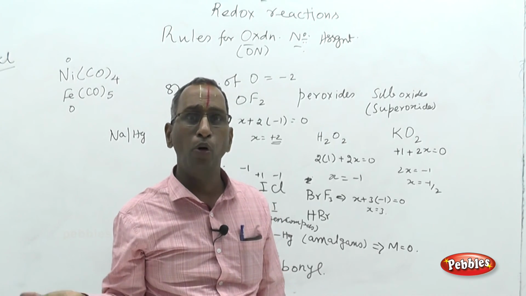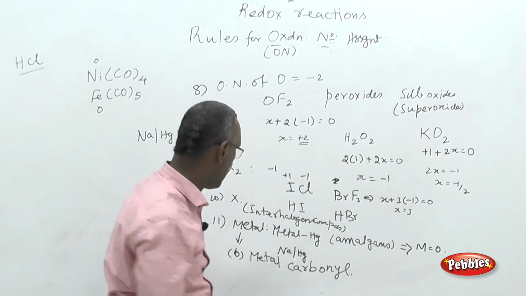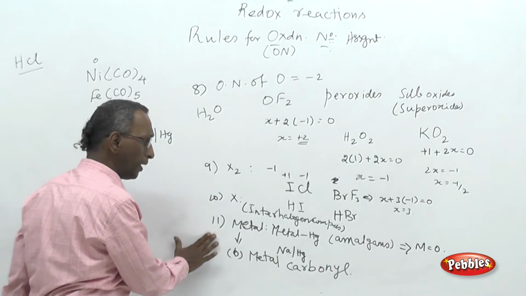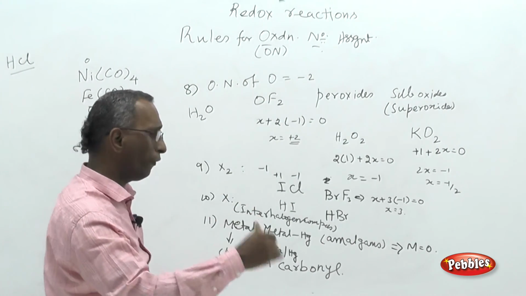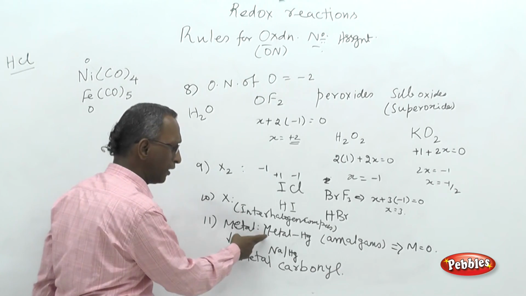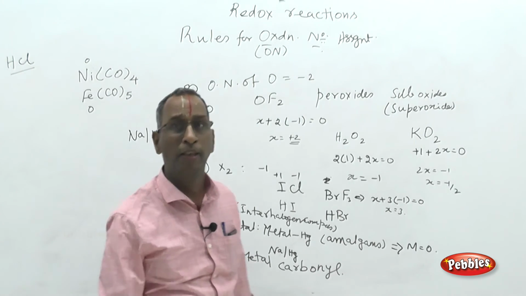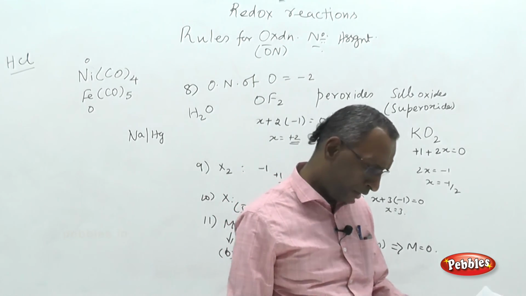So in covalent compounds, the oxidation state of the metal is 0. The oxidation state of a metal is generally the number of electrons it loses to form an ion, but in two important cases, the formation of metal amalgams as well as metal carbonyls, the oxidation state is 0.